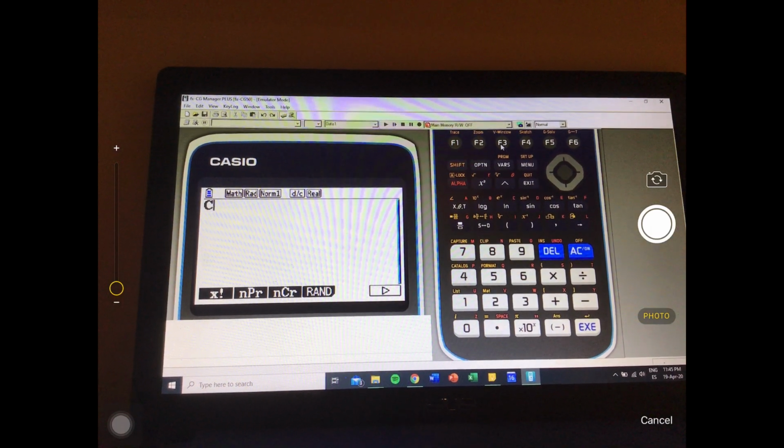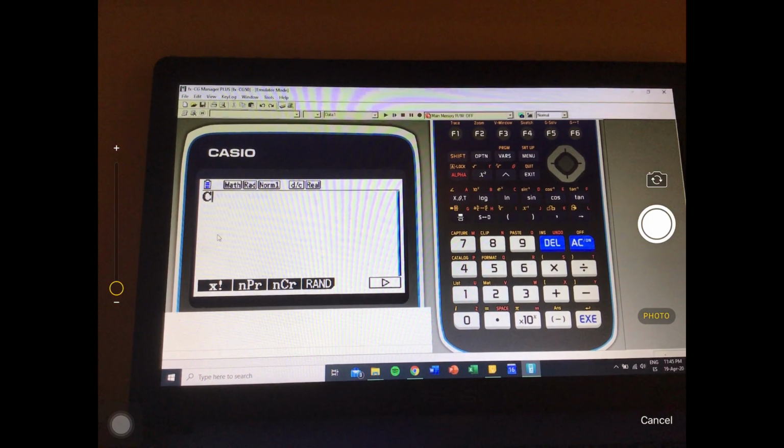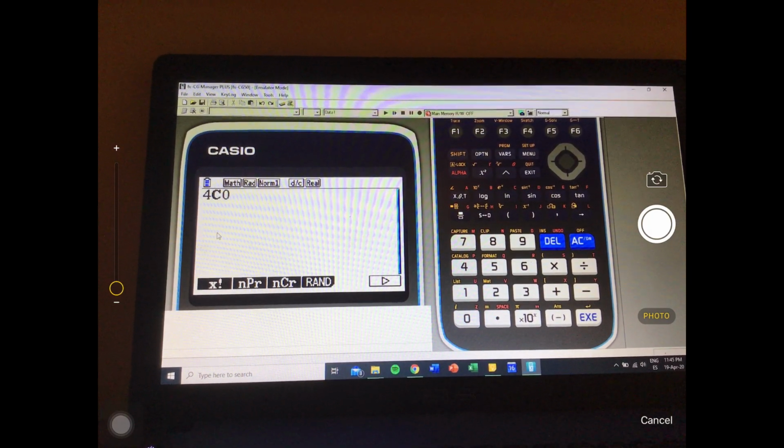So you click on F3, so you get the capital C over there. On the left side, we're going to put the 4, and on the right side, we're going to put 0 in this case. This gives us 1.